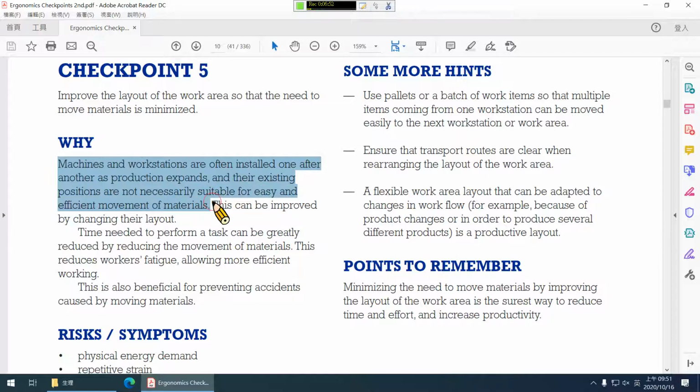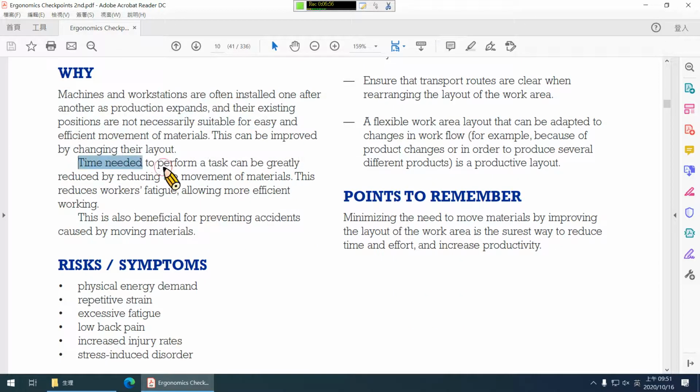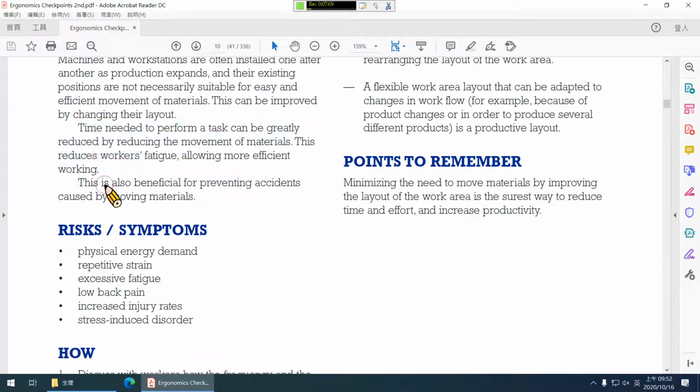This can be improved by changing their layout. Time needed to perform a task can be greatly reduced by reducing the movement of materials. This reduces workers' fatigue, allowing more efficient working. This is also beneficial for preventing accidents caused by moving materials.